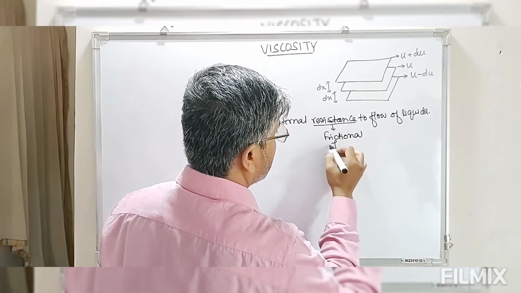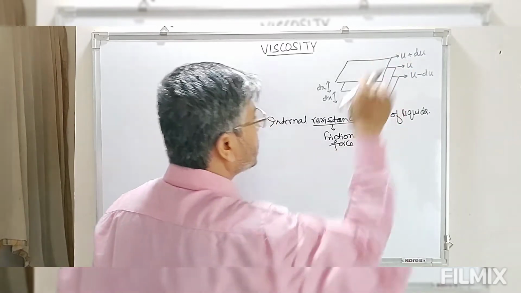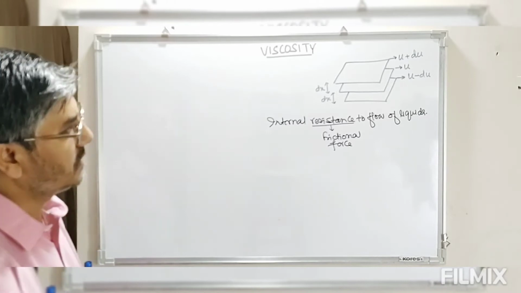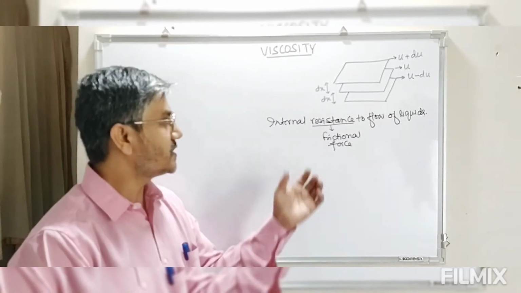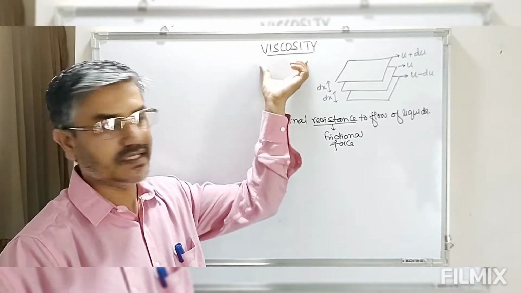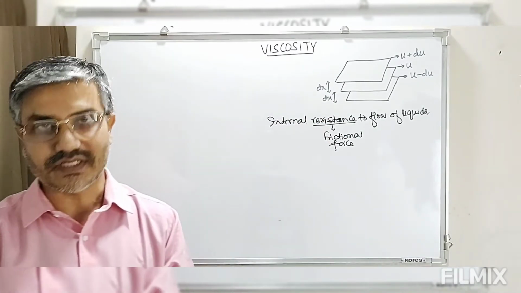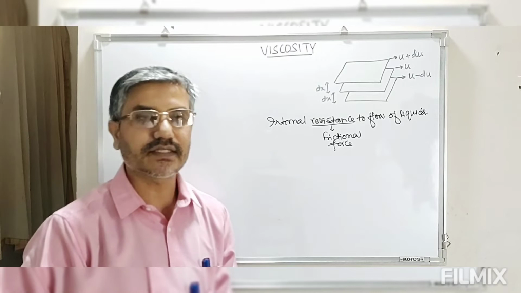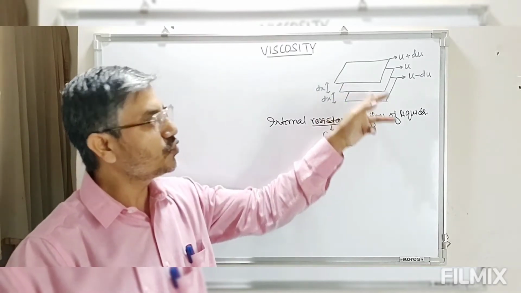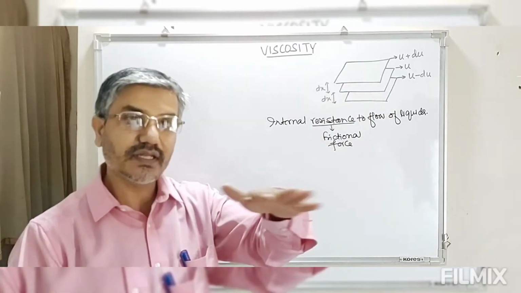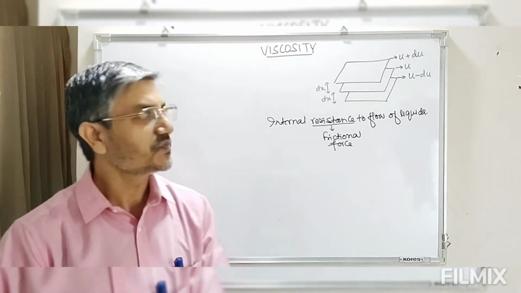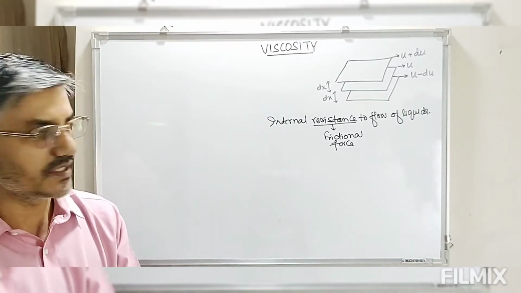The frictional force that acts between the two layers of liquid is what we call viscosity. This is nothing but the resistance to flow of liquid, or how much frictional force is acting between two adjacent layers when they are moving in a parallel laminar flow. That is what we call viscosity.